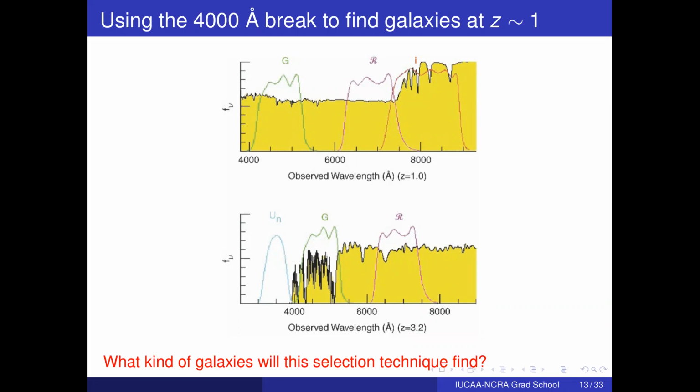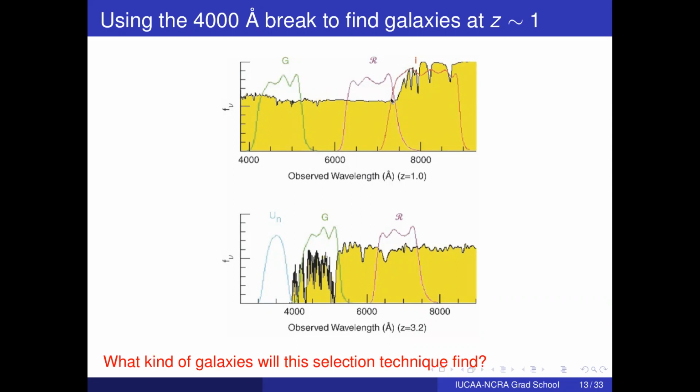Okay? So it is like your Lyman break, but it is not so strong, not so severe. It's much milder. And it is only seen in a galaxy with a greater than 1 gigayear stellar population. So if you look at today's elliptical galaxies, almost all of them qualify. And therefore, elliptical galaxies do show a strong 4000 angstrom break.